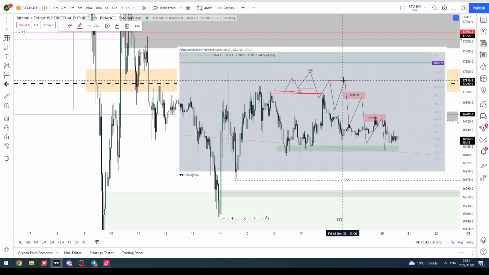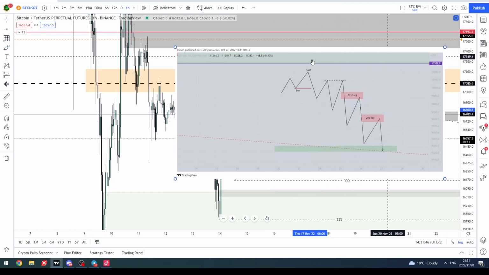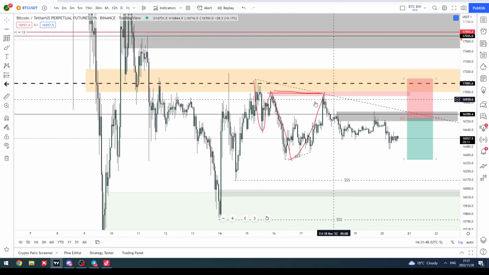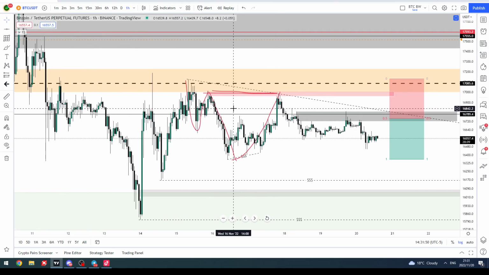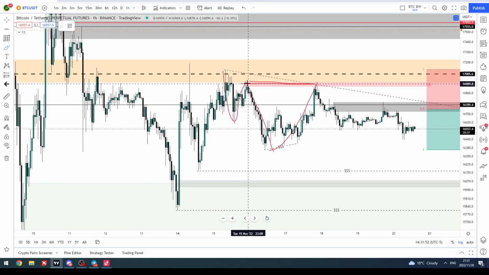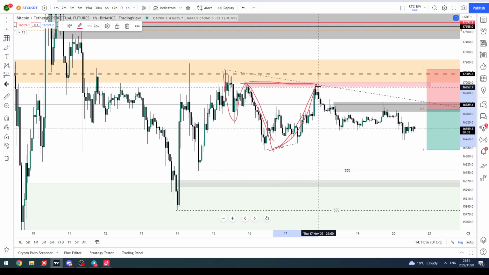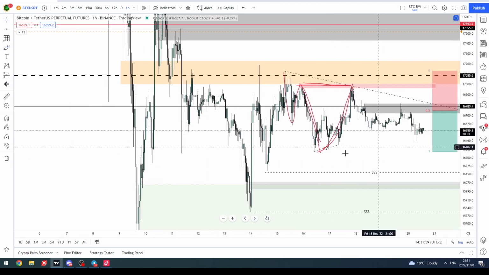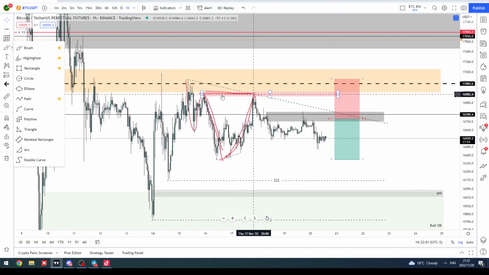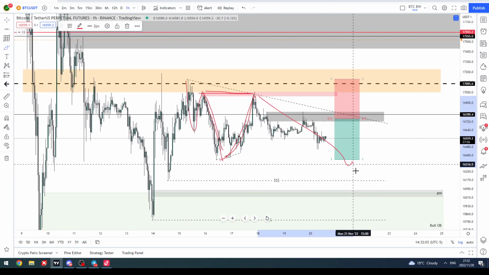The equal highs in here. That's sort of the same idea that we are wanting to reproduce here, where this comes back into that inducement sort of level, and now we are pushing lower here.